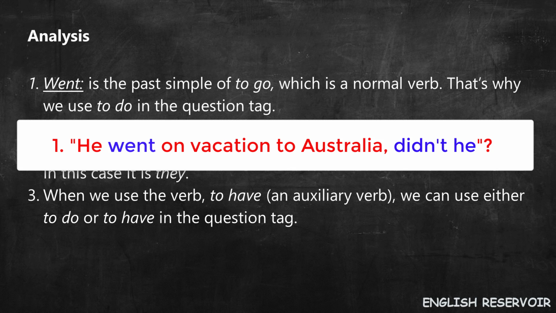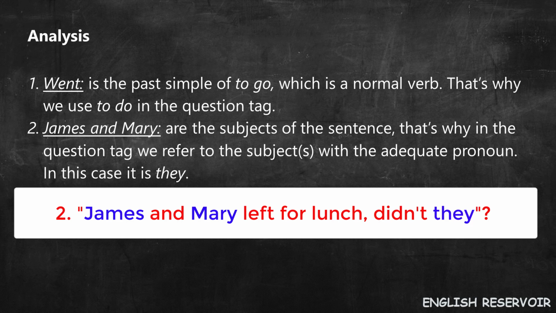Analysis. One, went is the past simple of to go, which is a normal verb. That's why we use to do in the question tag. Two, James and Mary are the subjects of the sentence. That's why in the question tag we refer to the subject or subjects with the adequate pronoun, of course.